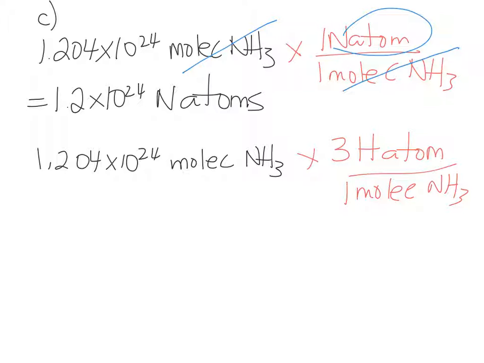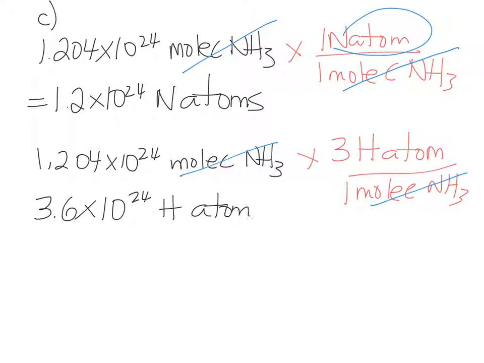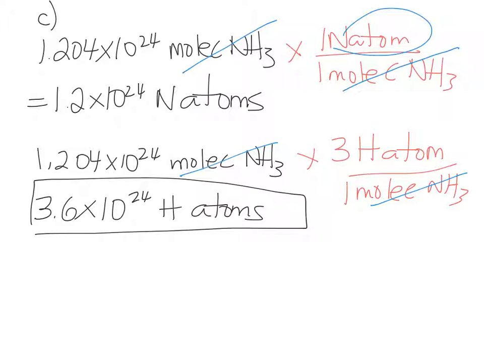Again, molecules on the top, molecules on the bottom, so it cancels. So 3.6 times 10 to the 24 hydrogen atoms. So here's one answer for C. Here's the other answer for C.